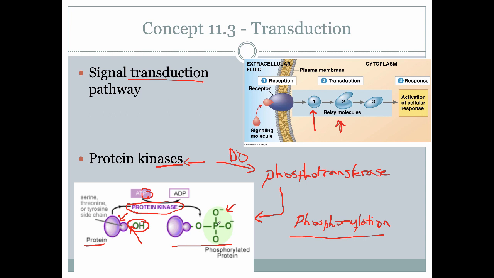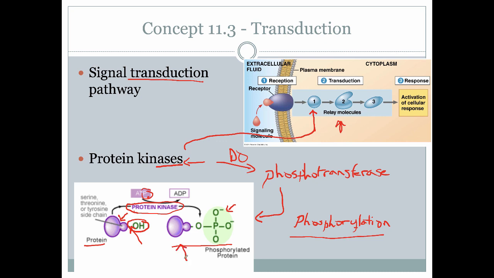It could be subtle, it could be dramatic, it depends. And changing the shape of that protein actually is going to change the function of the protein. Okay, so what will happen is when protein kinases are activated, they can be activated by a receptor. So let's make, for example, that this number 1 is a protein kinase. That protein kinase can be activated. That protein kinase will then phosphorylate a target protein.